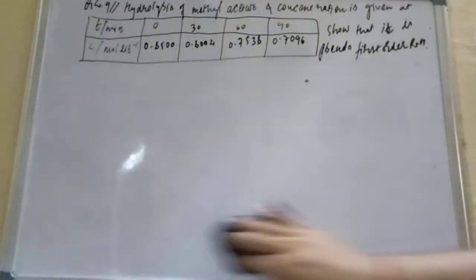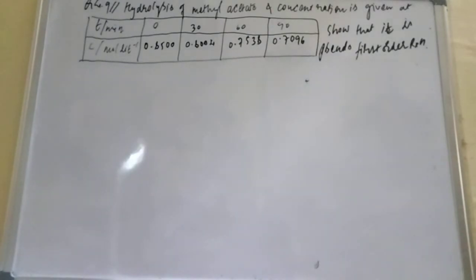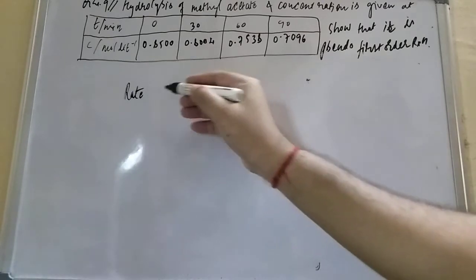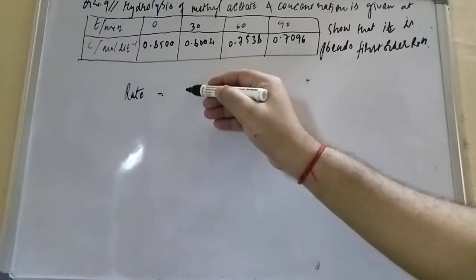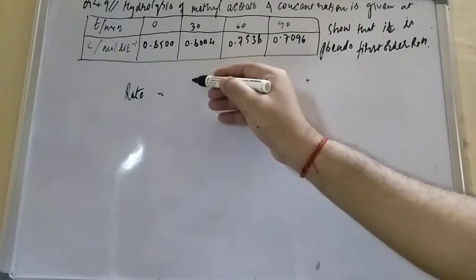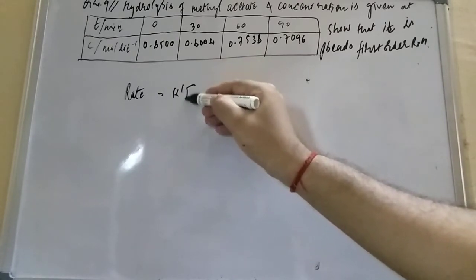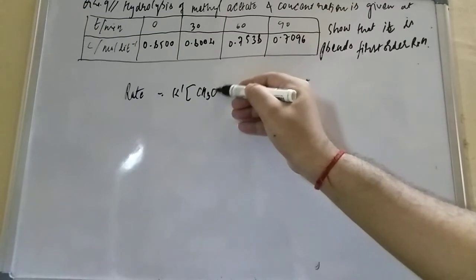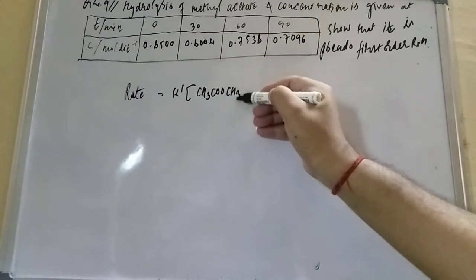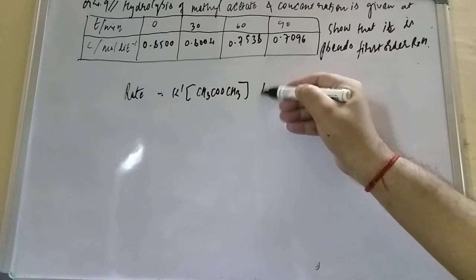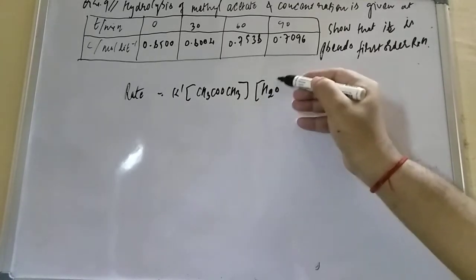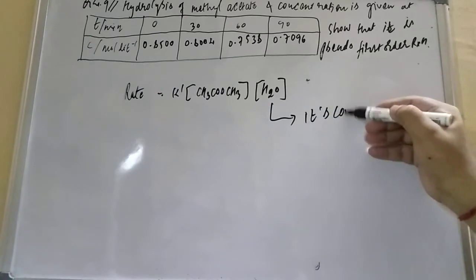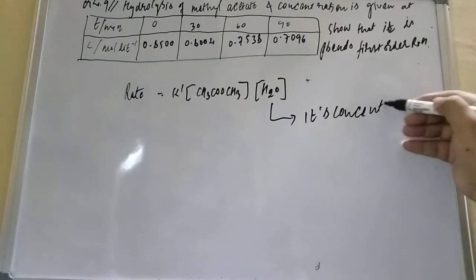Firstly, the rate they have given is K dash, and in one bracket CH3COOCH3 and in another bracket H2O. Its concentration is constant.